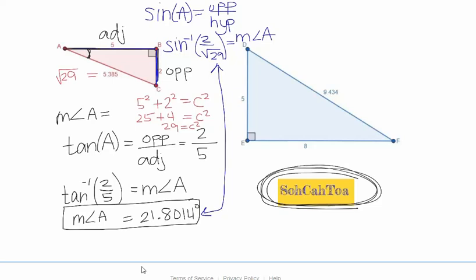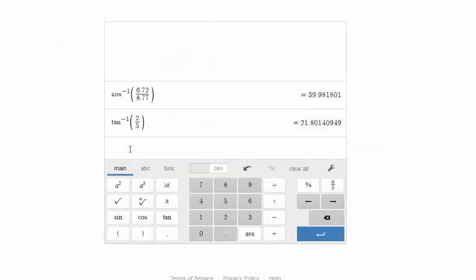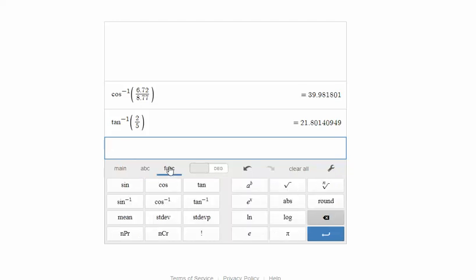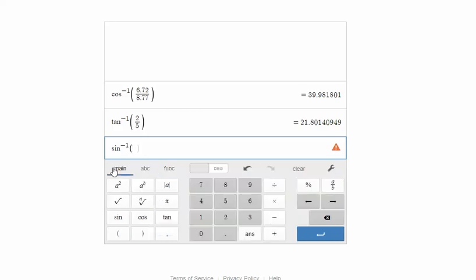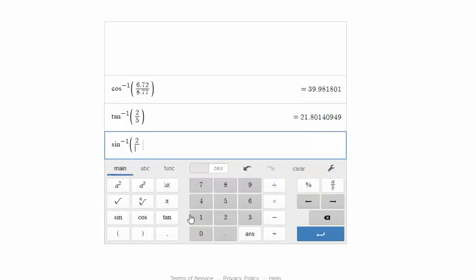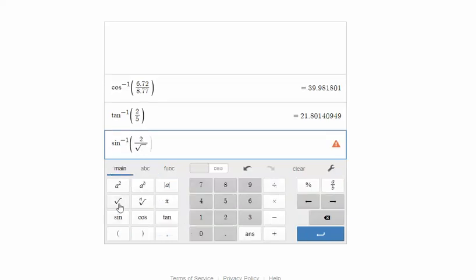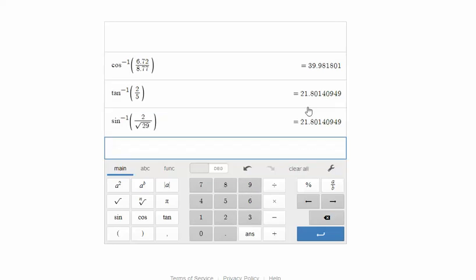So let me go to my Desmos Scientific Calculator and plug that in. So I'm in degree mode. I'm going to go to sine inverse, and I'm going to do 2, and in my denominator, I need the square root of 29. Okay, so you see how I'm getting the same answer?